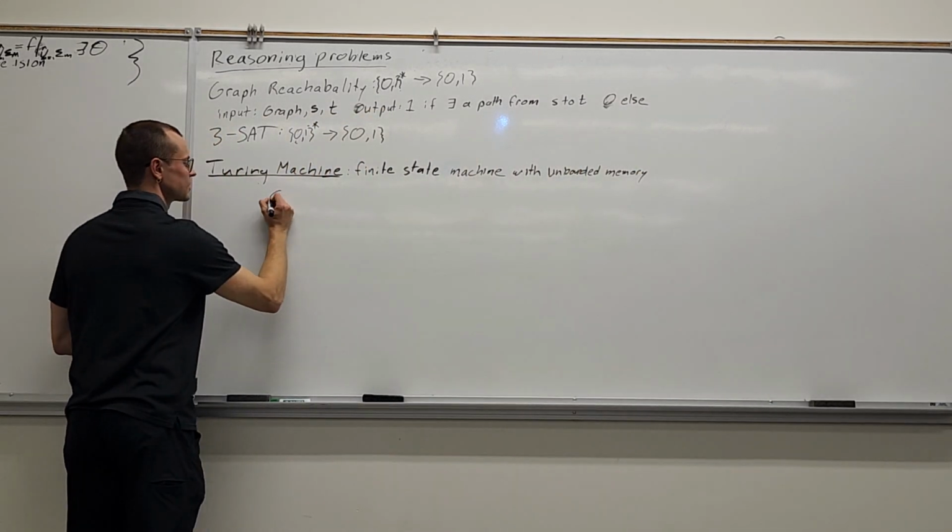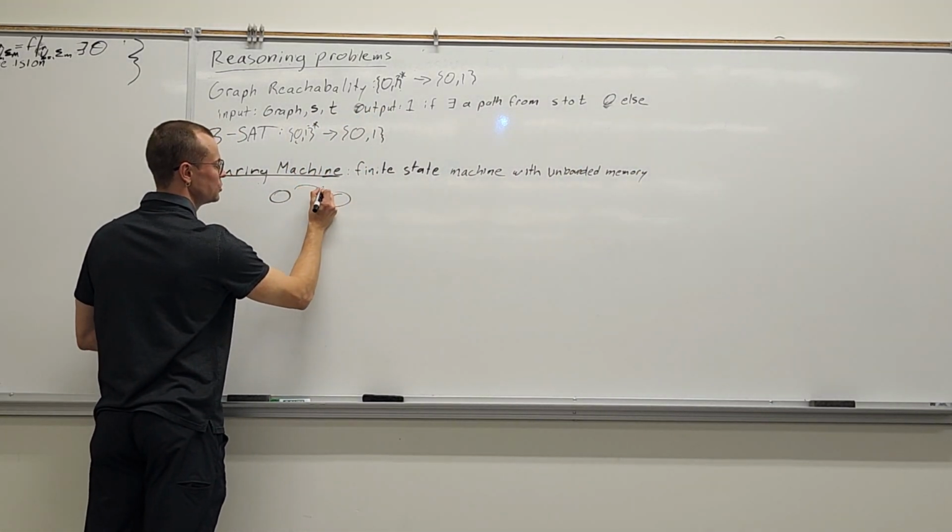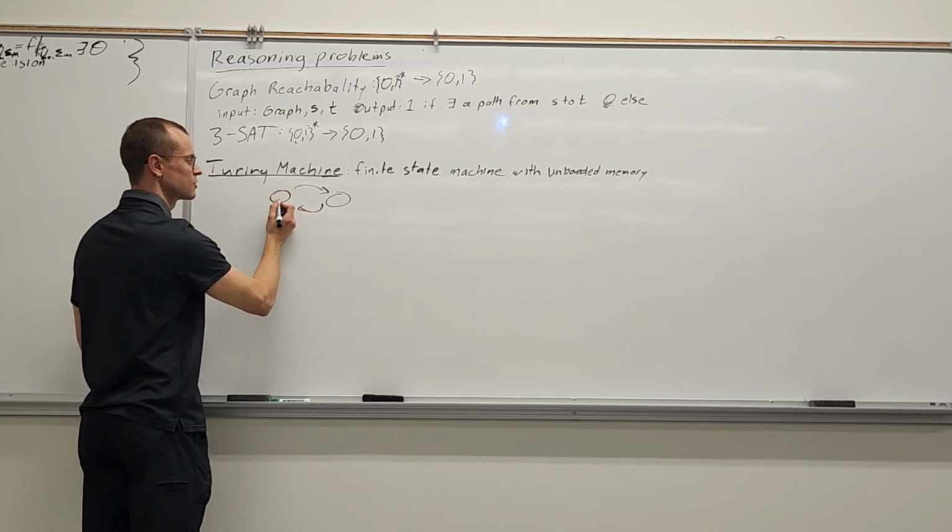Roughly speaking, here's an example of one. This is computing parity. So the way this works is you have to define your state machine.